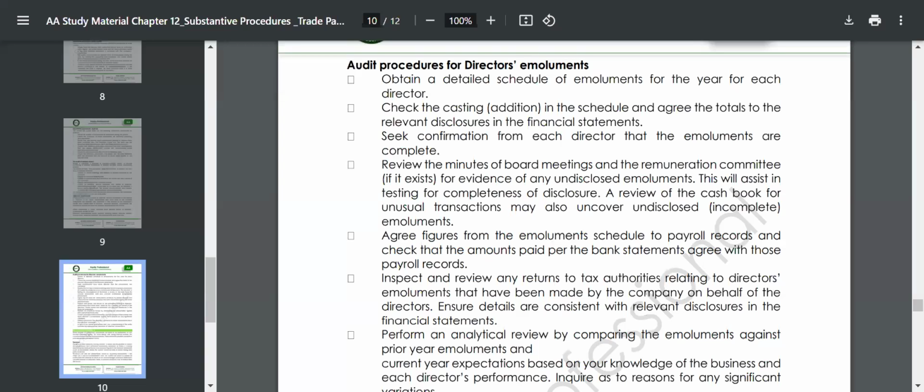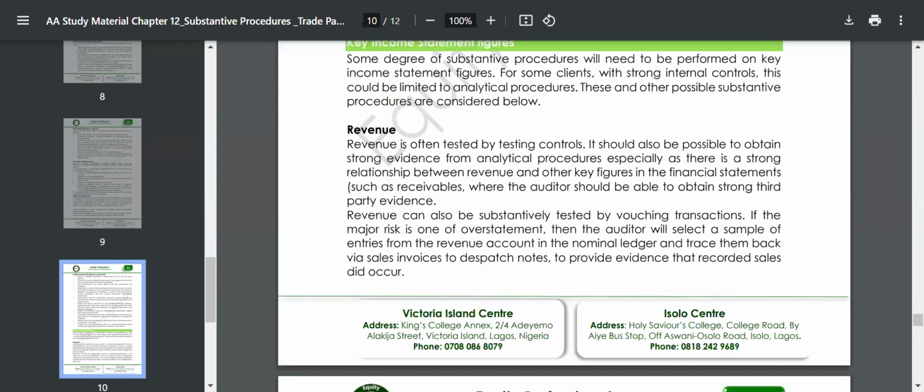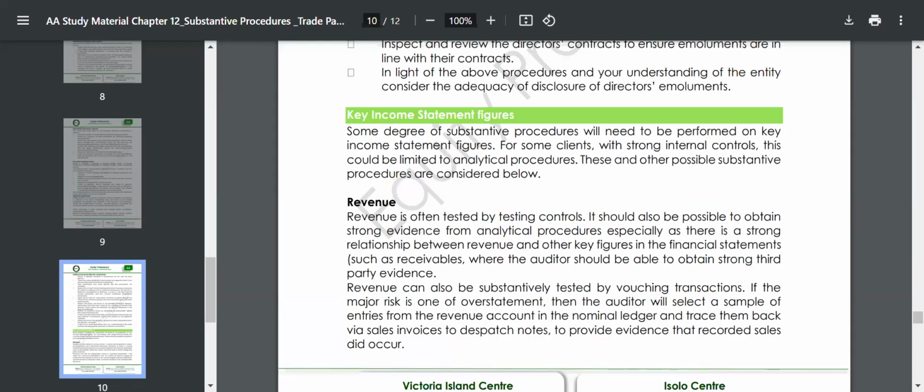If you can still see my screen. Like I said, we've been looking at the statement of financial position. I believe the other lecturer has done justice to the asset part. We looked at liability, and what we are basically looking at is the procedures the auditors will carry out around these key line items, just to ascertain their figures and ensure that the financial statement shows a true and fair view or otherwise.